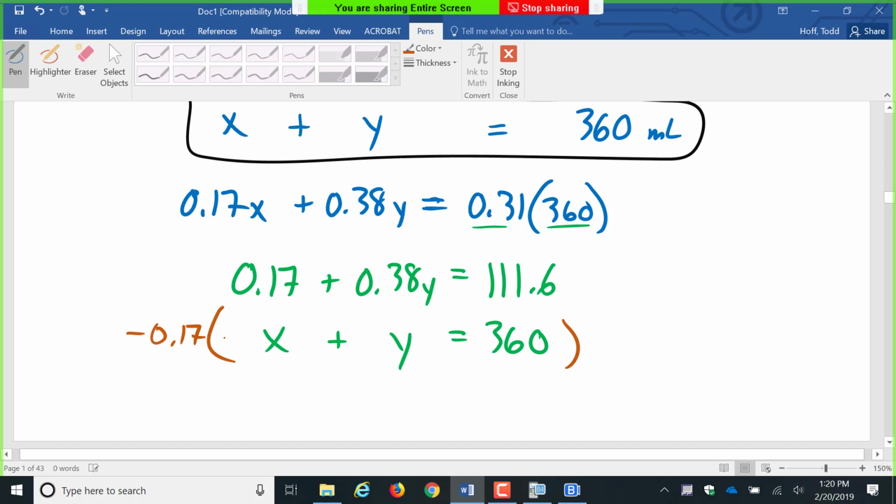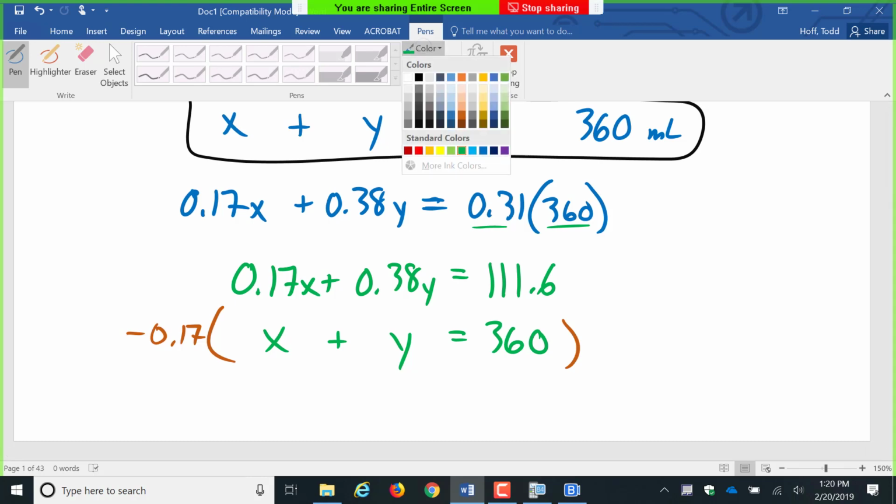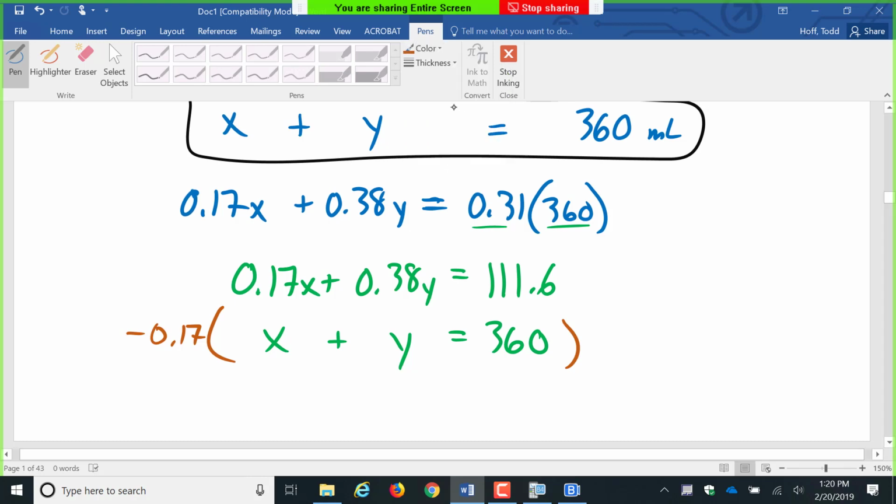I could cancel out the x's. My x disappeared here. That's 0.17x. That dividing, like I showed you the other day, you only have to really do that if both equations have decimal coefficients or fraction coefficients.